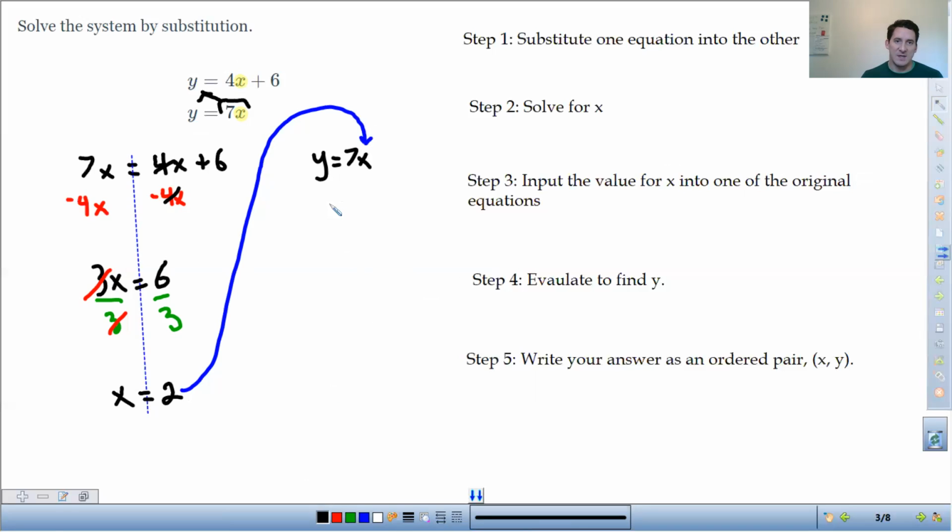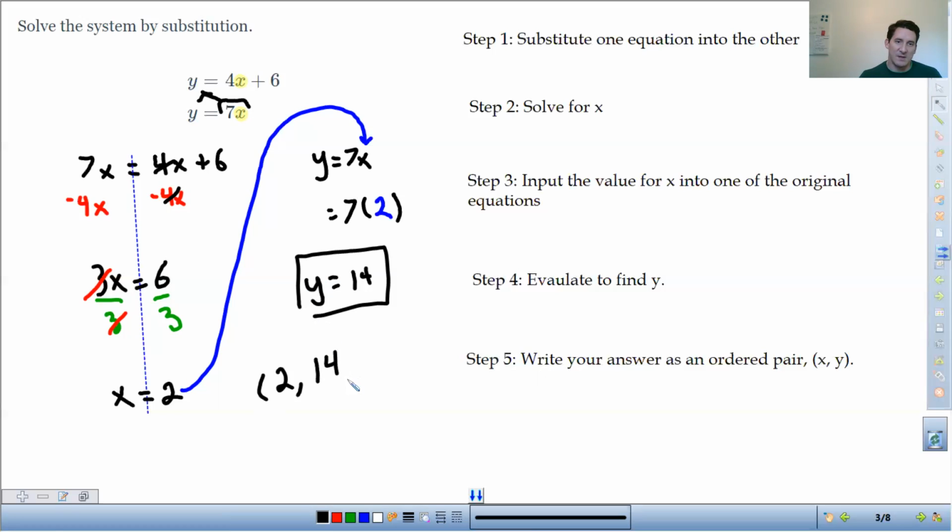So y is equal to 7 times 2. 7 times 2 is 14. So y is 14. And then the last step, remember, this is the point of intersection between two lines, so we need to write this as an ordered pair: x is 2, y is 14. So the final answer is (2, 14).